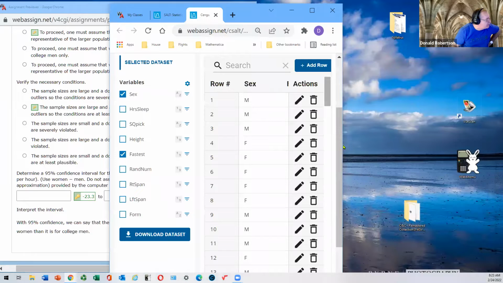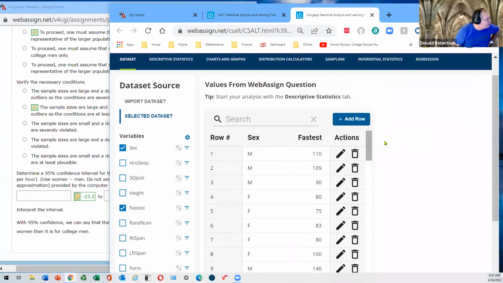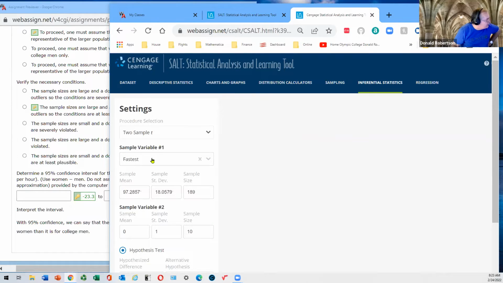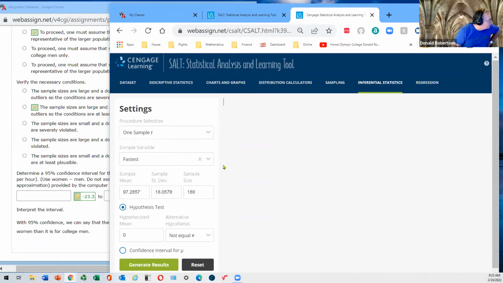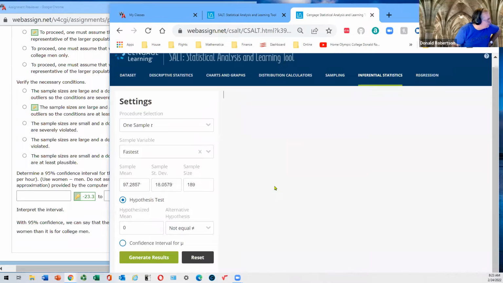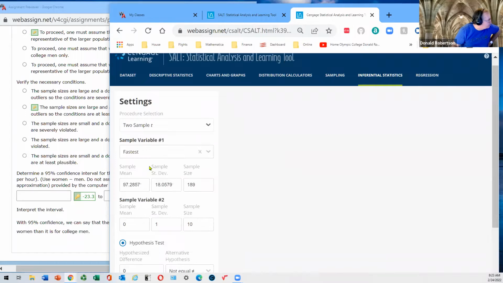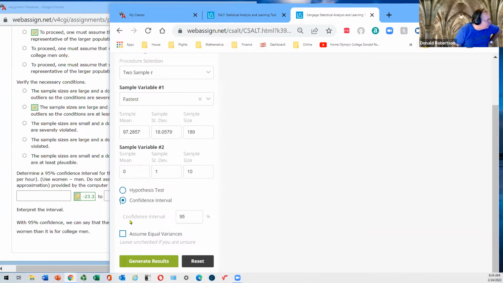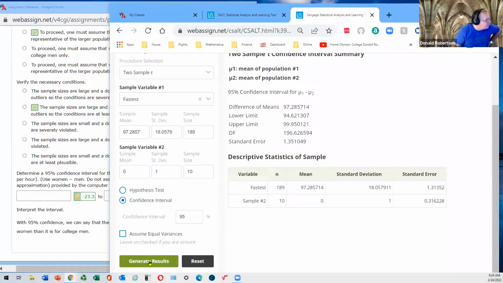And we're going to create a confidence interval for it. So the two sample is going to be, that's done. And evidently it's already picked up all the numbers. So I should just do confidence interval and generate results.